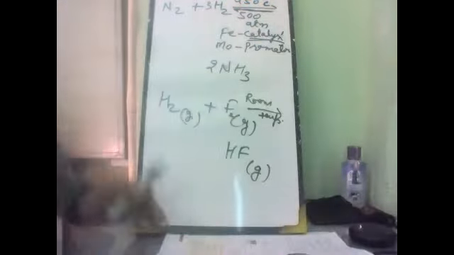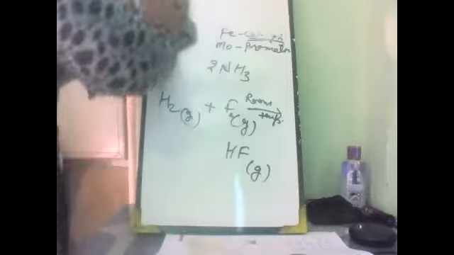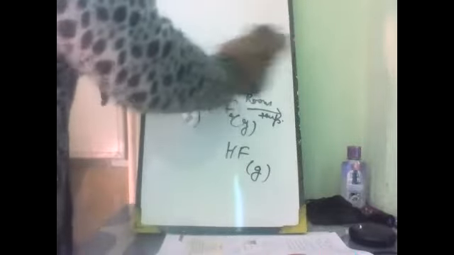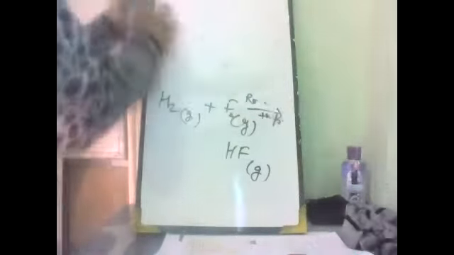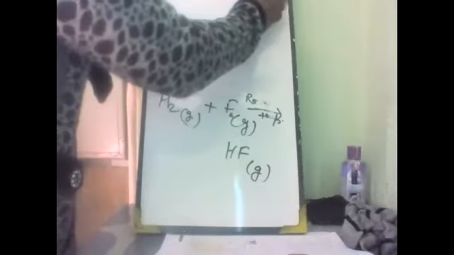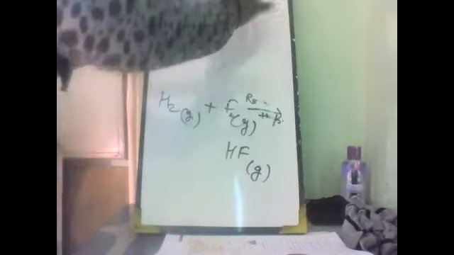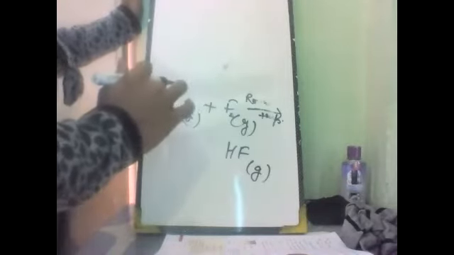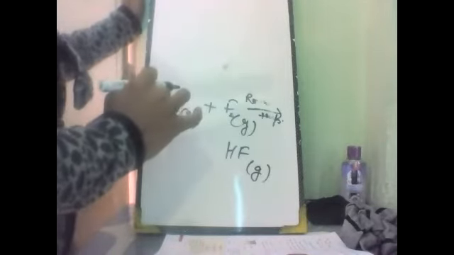Another example is carbon reacting with sulfur and forming carbon disulfide. This is carbon disulfide, a solvent for sulfur.